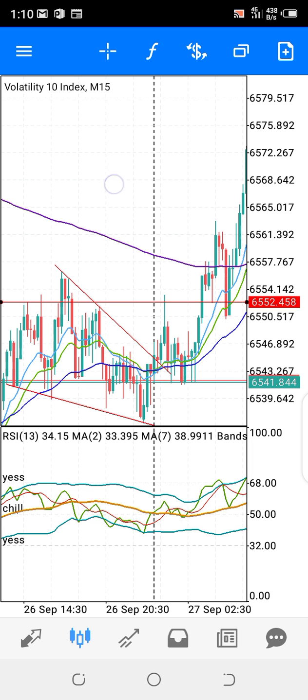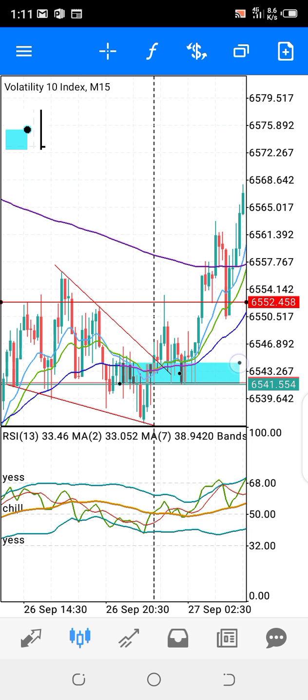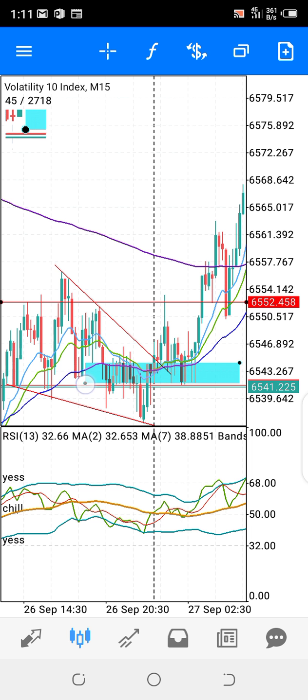Let me draw the box there and highlight it so that it becomes clear. Okay, so I said I take the body this side and the wick that side is not that important. Okay, here we are. That's our order block.